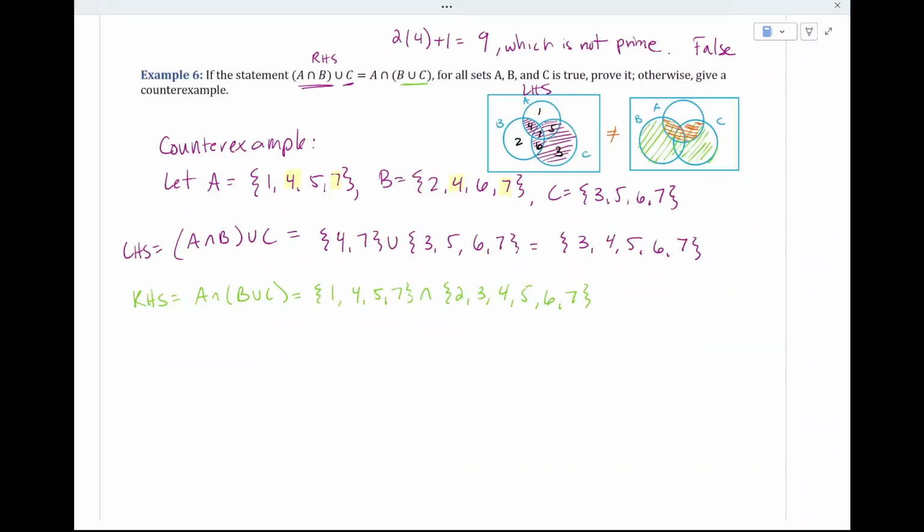So the intersection of these two, let's see, they both have a 4, they both have a 5, and they both have a 7. And I see that does correspond to this picture. This one is 4, this one's 5, and this one is 7. I didn't write all the numbers in here. 1, 2, 3, and this one is 6. So this means that the right-hand side is {4, 5, 7}. And these two are not equal to each other. So this one is false.